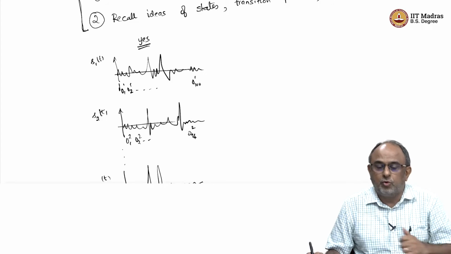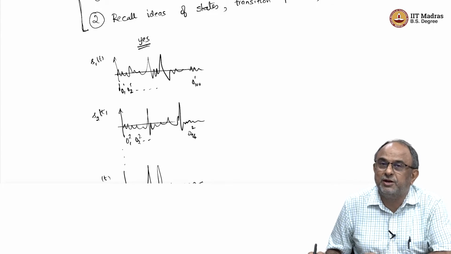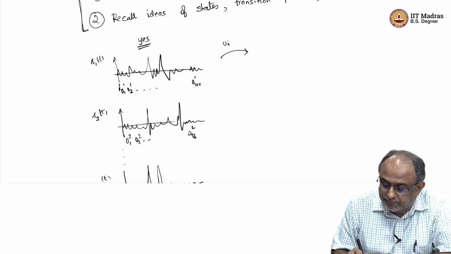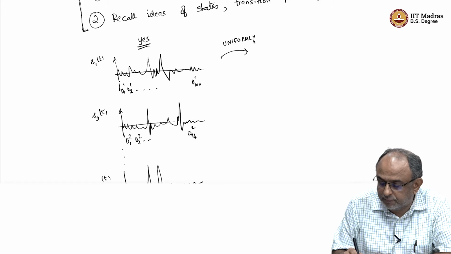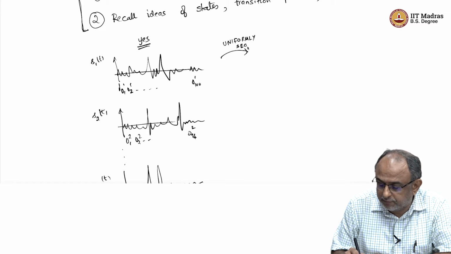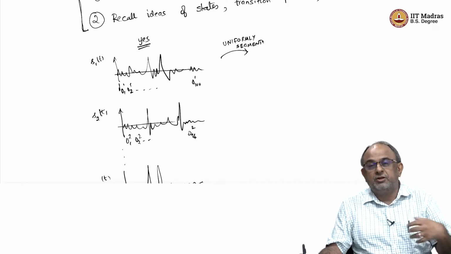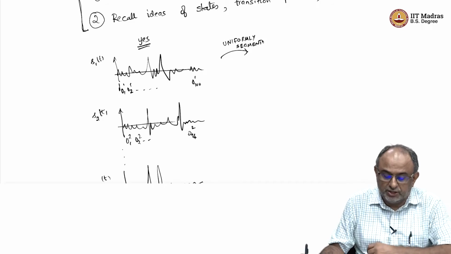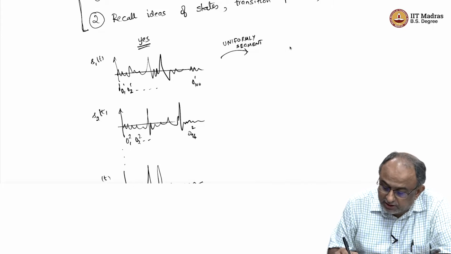Okay. So, what I do is I randomly initialize. Here what you do is you uniformly segment. Okay. So, instead of randomly initializing, we do uniform segmentation. Okay. So, we take the same thing.